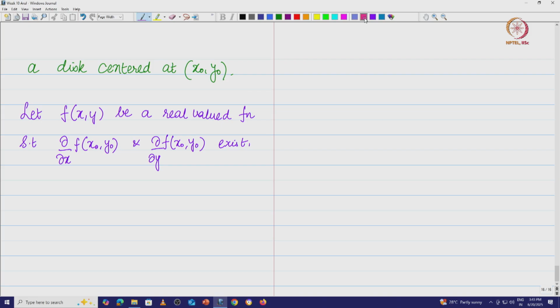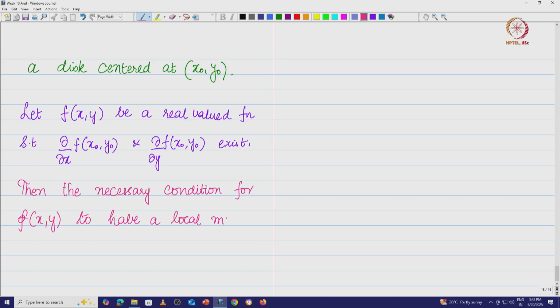Then the necessary condition for f of x comma y to have a local minima or a local maxima at the point x naught comma y naught is this.